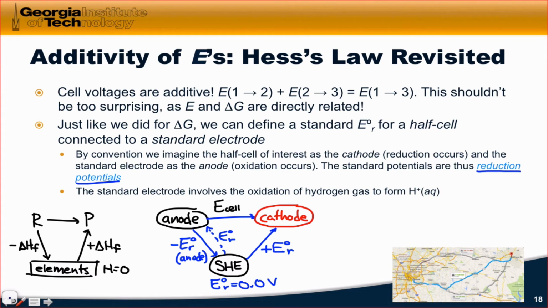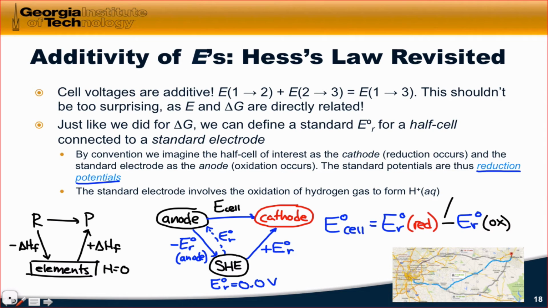You can see that when we calculate a cell voltage, we do that by starting with the reduction potential for the half reaction occurring at the cathode, which is the reduction, and we subtract from that the reduction potential for the reverse of the reaction that's happening at the anode. It's an oxidation in reality, but since the standard potentials are reductions, we use a negative sign.